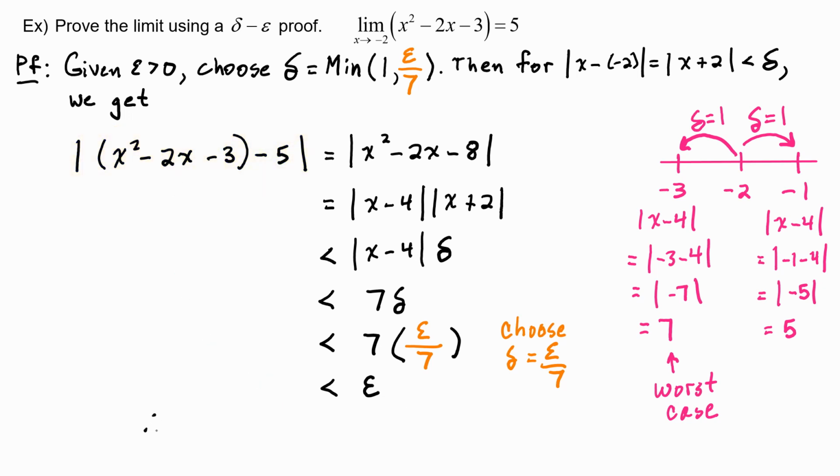Therefore, the limit as x approaches negative 2 of the quantity x squared minus 2x minus 3 is equal to 5.